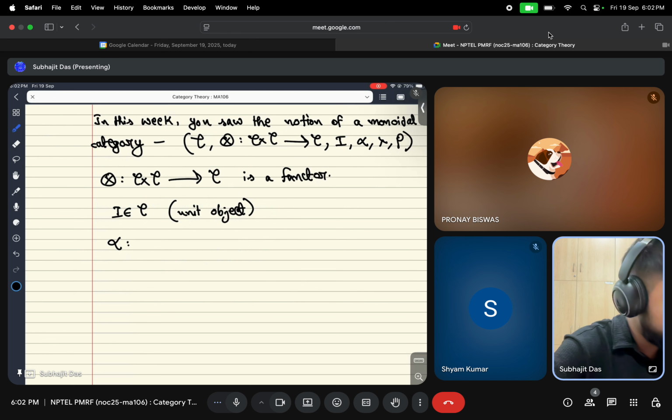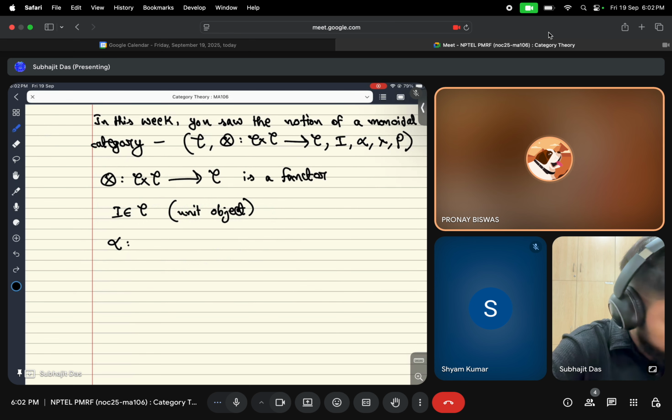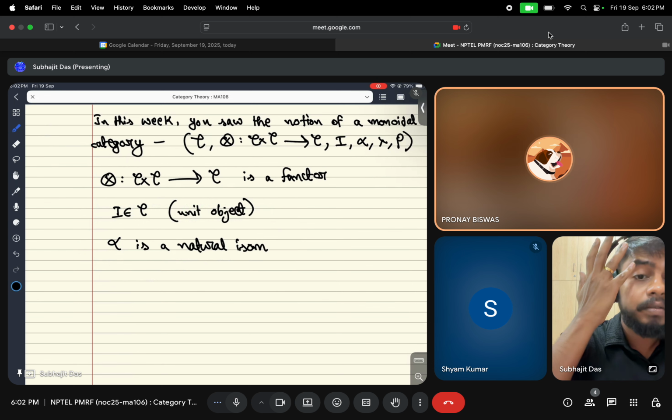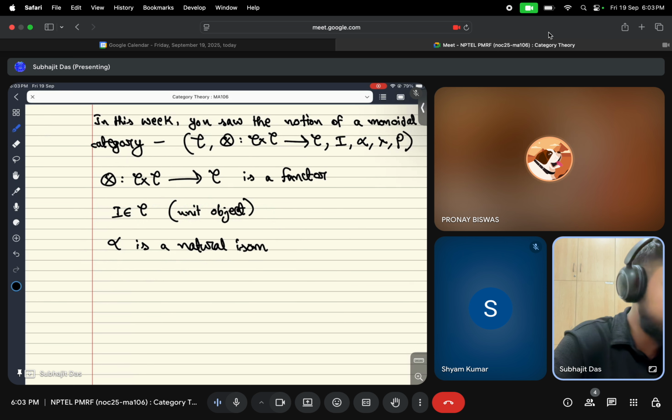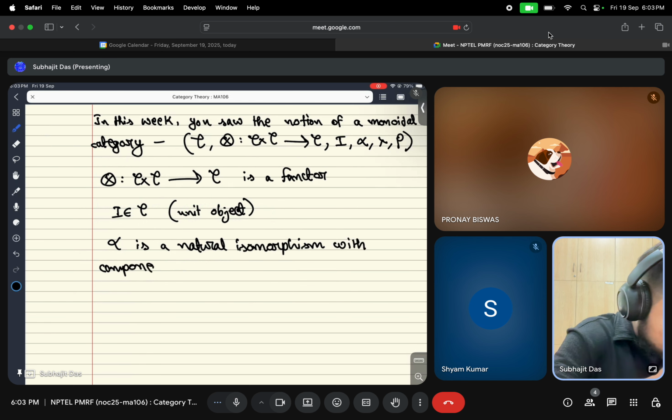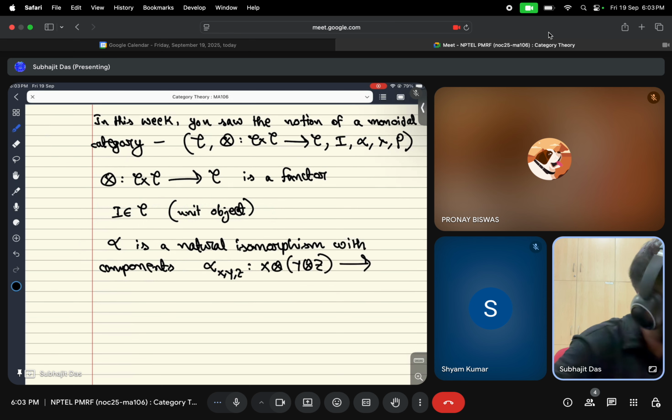Alpha is a natural isomorphism with components from x tensored y tensored z to x tensored y tensored z.